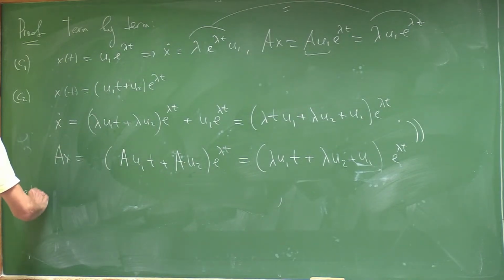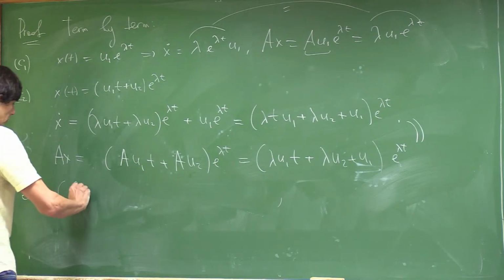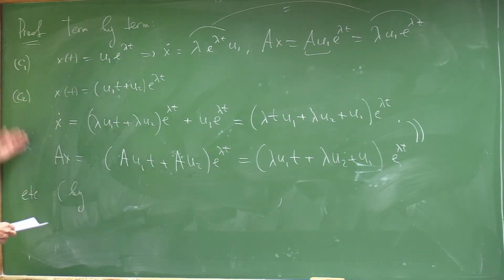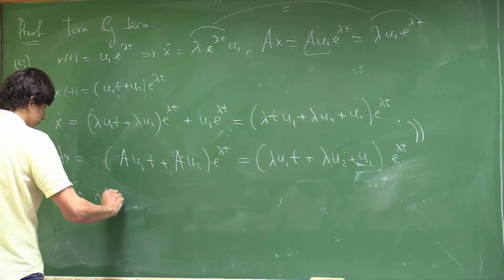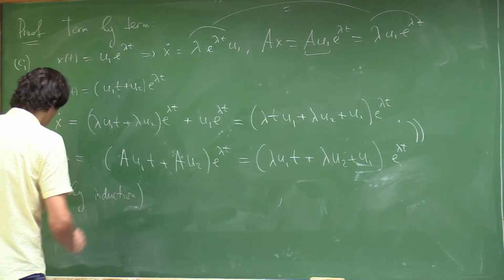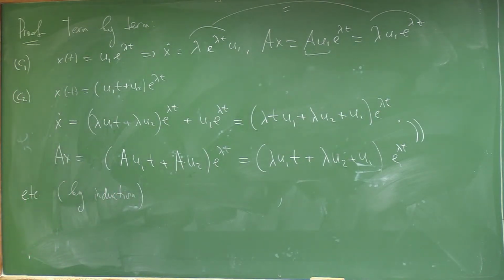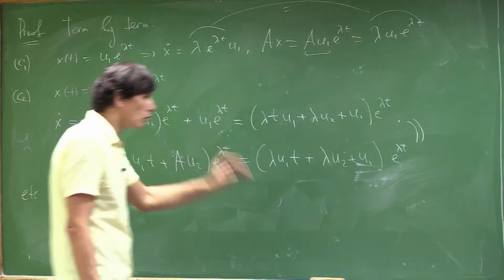Etc. So then you can complete the proof just checking it for all other coefficients. Well, the rigorous way will be by induction. So we proved it for the first, second, then you can prove it for arbitrary, by induction, or directly.